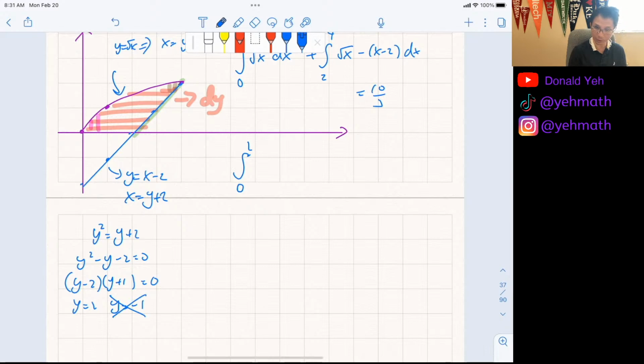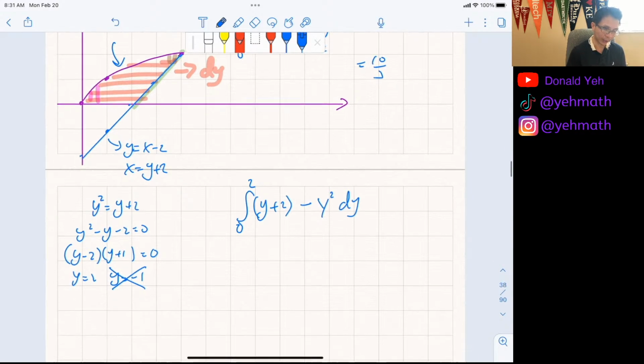However, the negative 1 is excluded because we only need the first quadrant, so we start at 0. Therefore it's between 0 and 2. Is that okay? And the top function becomes y plus 2, right minus left, so y squared.